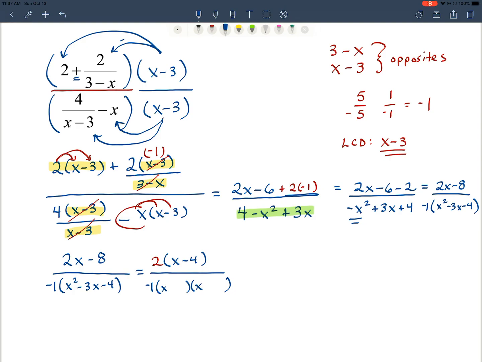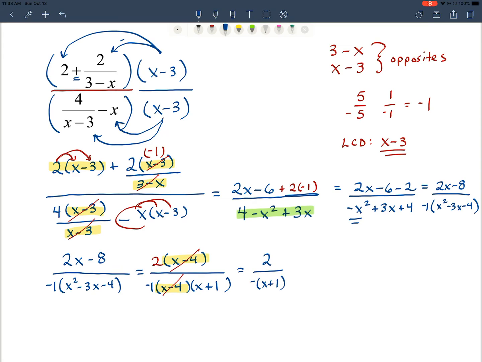Should have an x and an x, should have a negative 4 and a positive 1. Well, that should help us here now because we're going to look at our quantity of x minus 4 and quantity of x minus 4 will end up canceling out. And we now have 2 over a negative quantity of x plus 1.